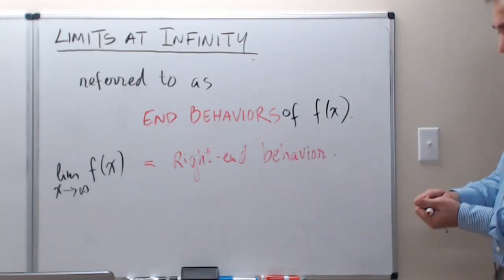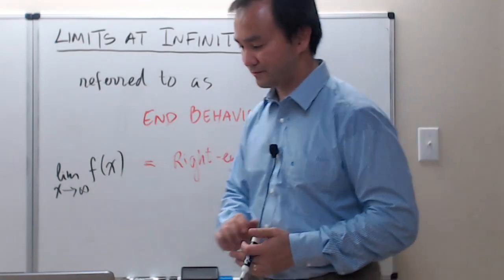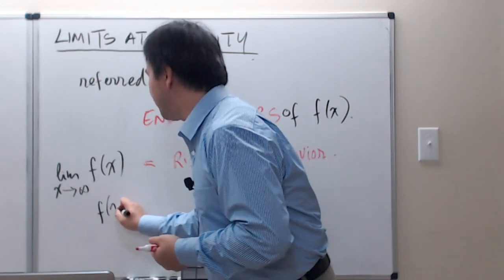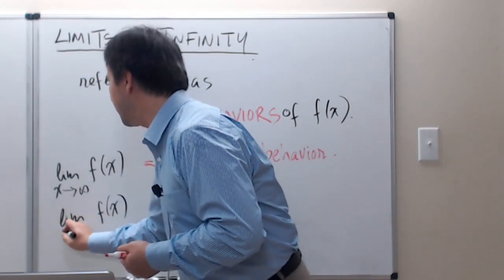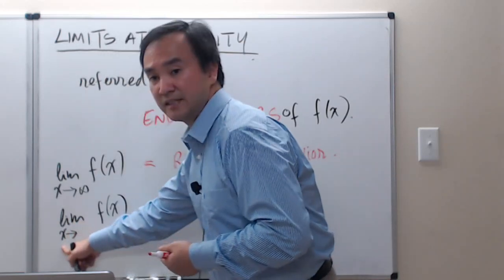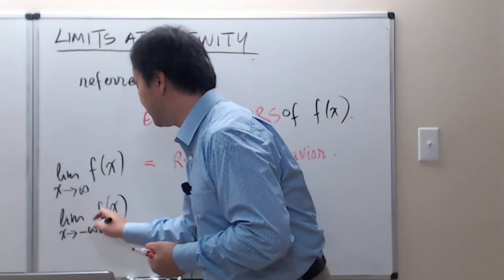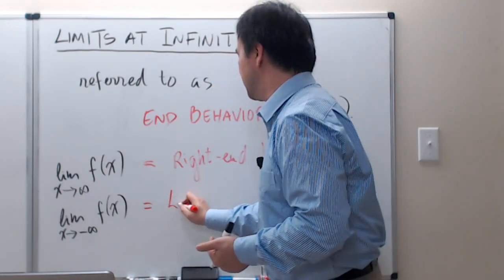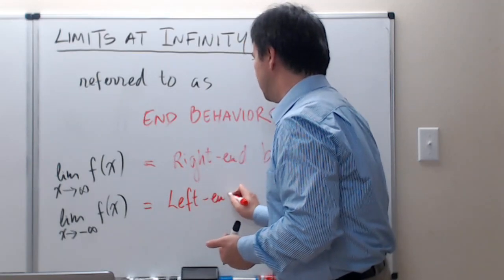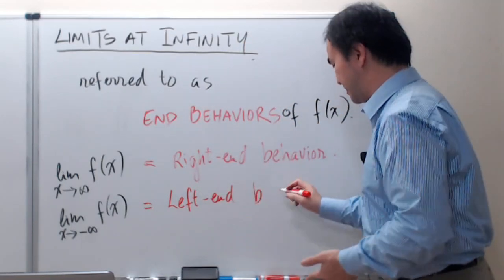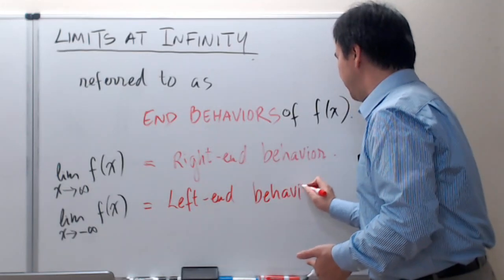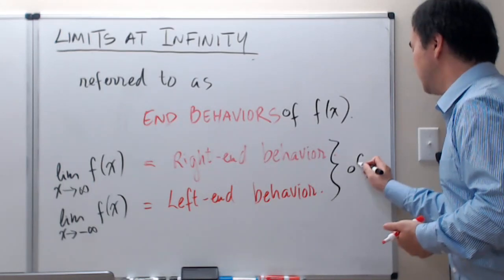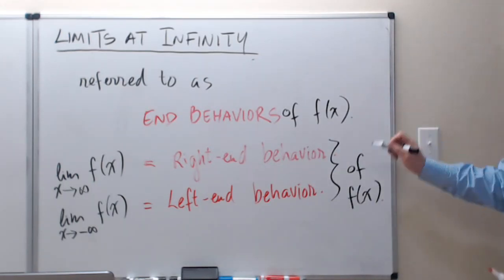Okay, and similarly, if we have some function f of x, and we are looking at the limit of the function as we're letting x approach negative infinity, this kind of problem is also understood as the left end behavior, or that limit itself here is being understood as the left end behavior of f of x. And both of these are of course the function f of x.